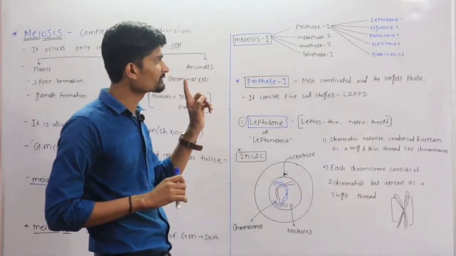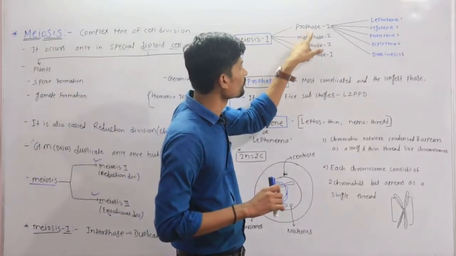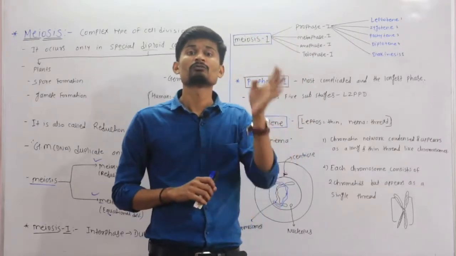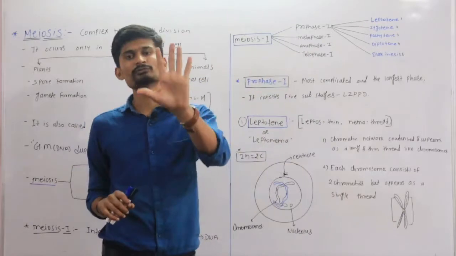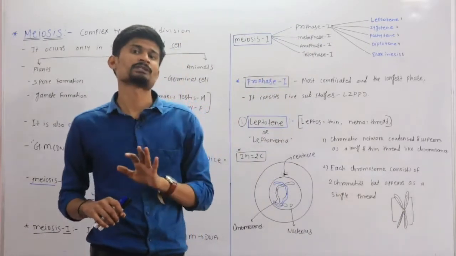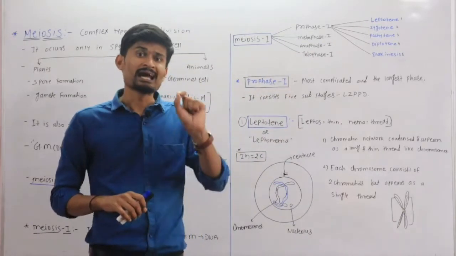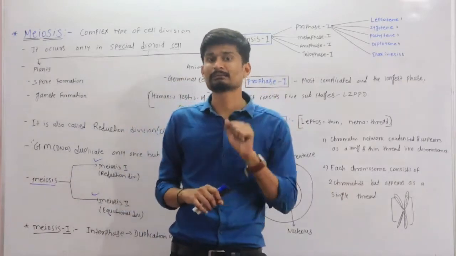But the difference is that prophase 1 again has 5 substages. These 5 substages are very important, and this is the difference between meiosis and mitosis.